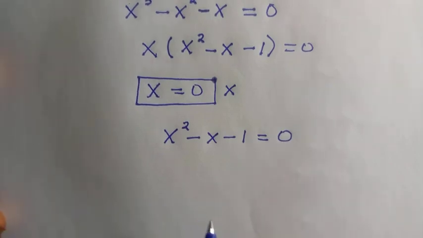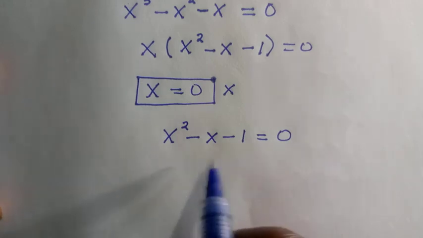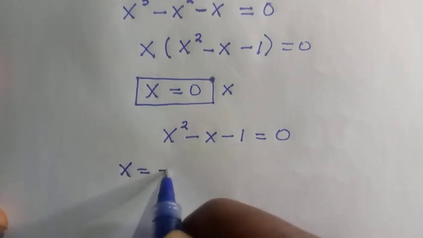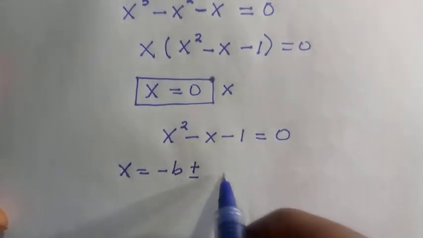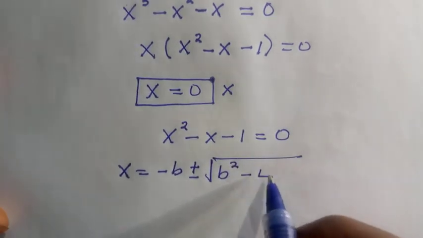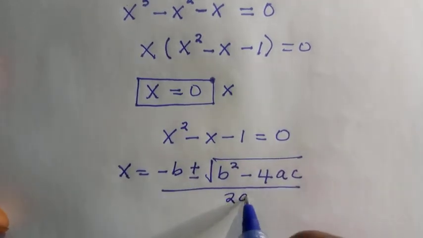By trying to solve this, we are going to apply the quadratic formula, which is x equals minus b plus or minus the square root of b squared minus 4ac, divided by 2a.